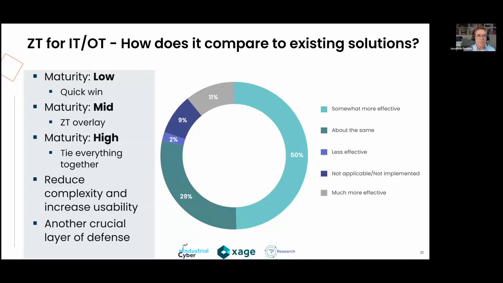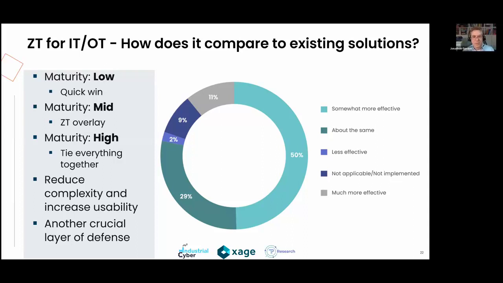If you're in the middle, the zero trust overlay can really help tie things together and sometimes patch over some of the gaps between the solutions that you already have. And if you're already in the top right area, it ties everything together. You have this common set of principles and approach towards cybersecurity that you may not have had before. So again, it depends where you are in the maturity level.